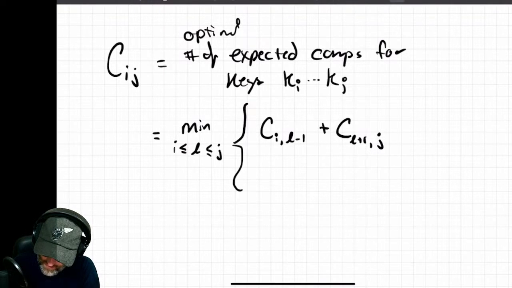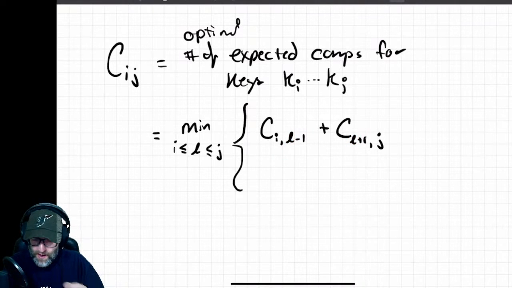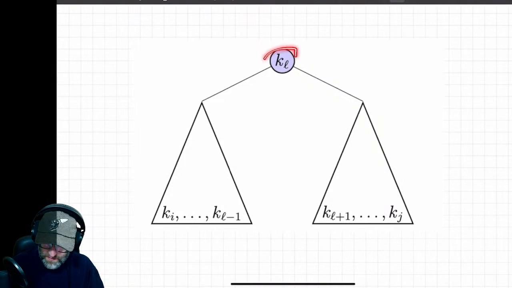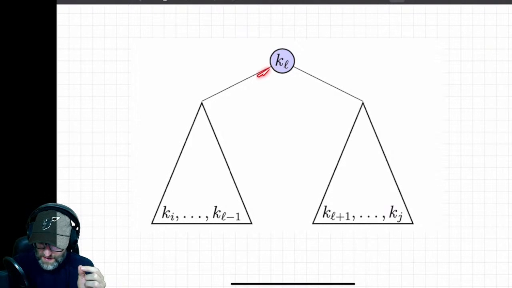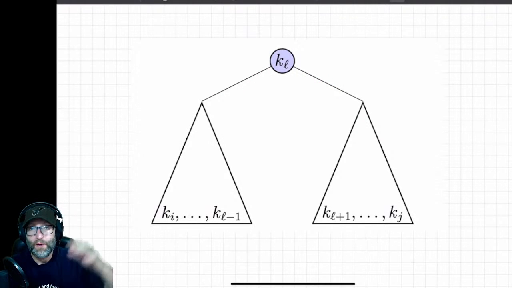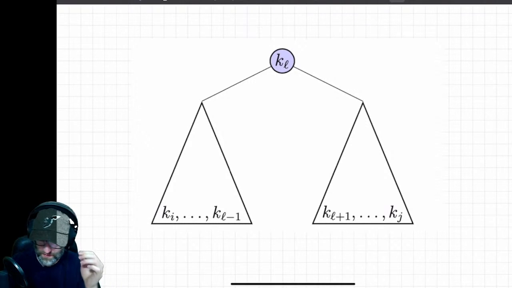Now, I've excluded the case of l in this case, but we do have to keep track of it, or we do have to consider it. By making Kl our root, I'm necessarily putting everything else over here and necessarily putting everything else over here. In other words, I'm necessarily increasing the size of my tree. That's going to cost me something.